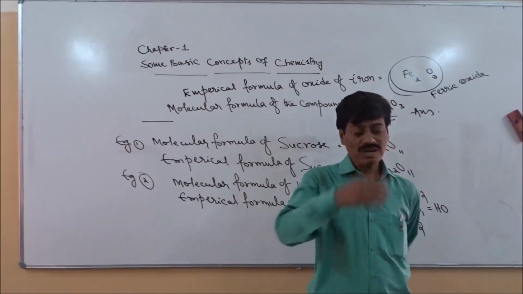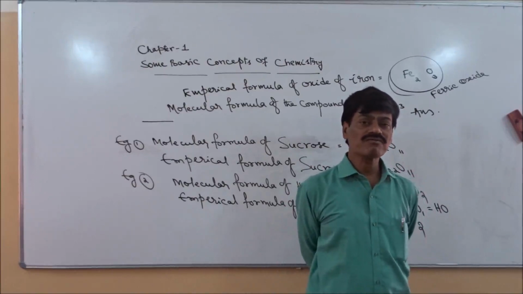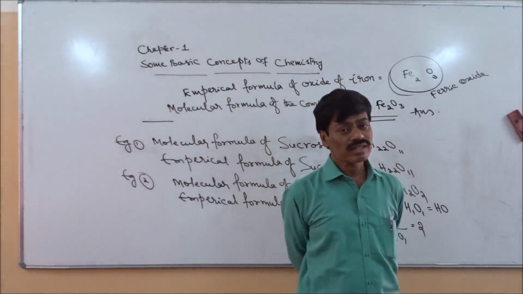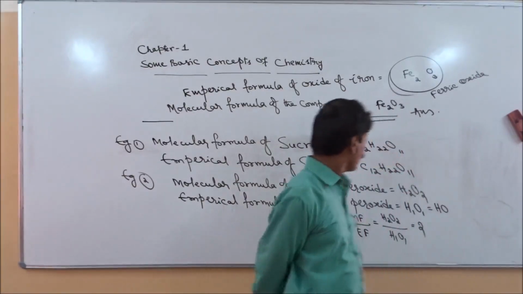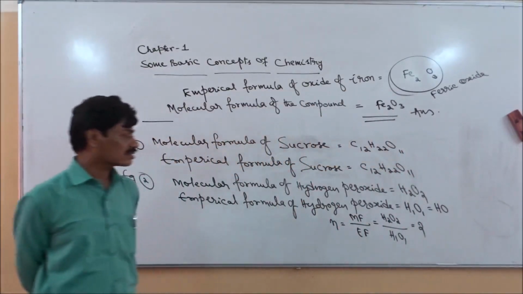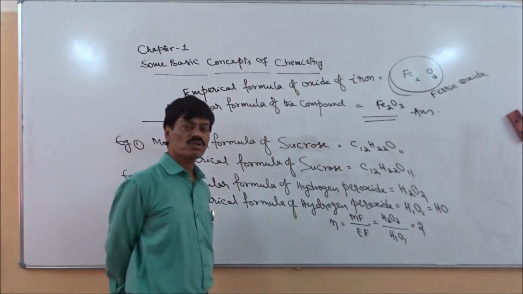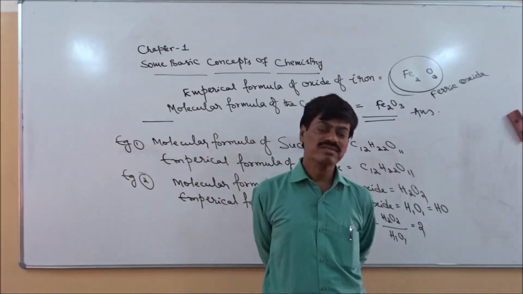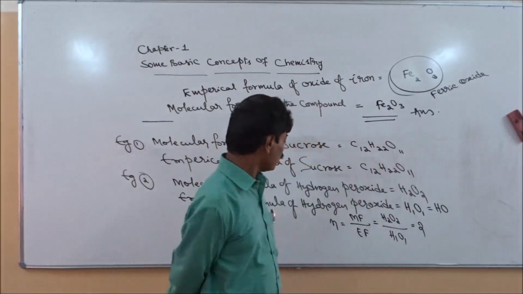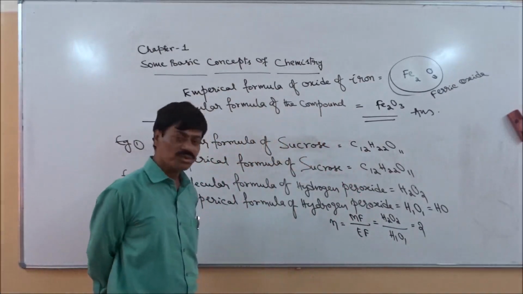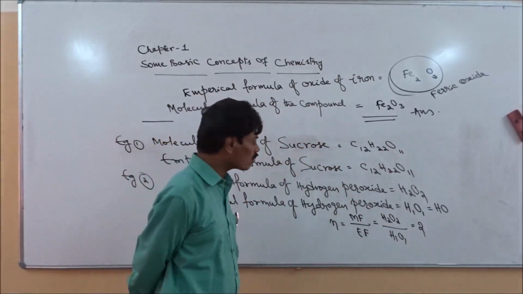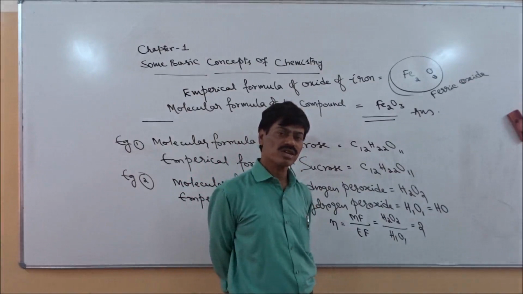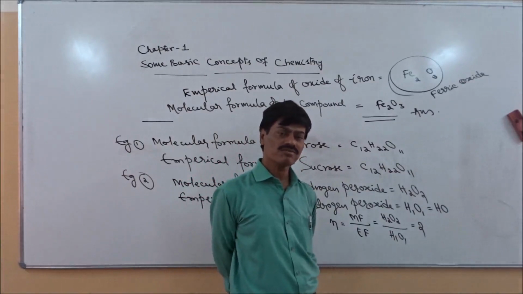So the molecular formula tells the actual number of atoms of different elements present in the given molecule of the compound. And the empirical formula tells the simplest ratio of the number of atoms of different elements present in it. And the integer n is known to us. It is nothing but the molecular formula divided by the empirical formula, or molecular formula mass divided by empirical formula mass.